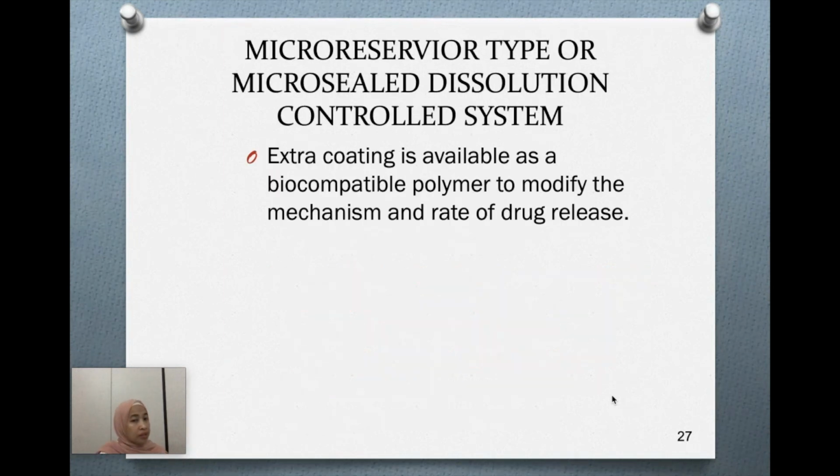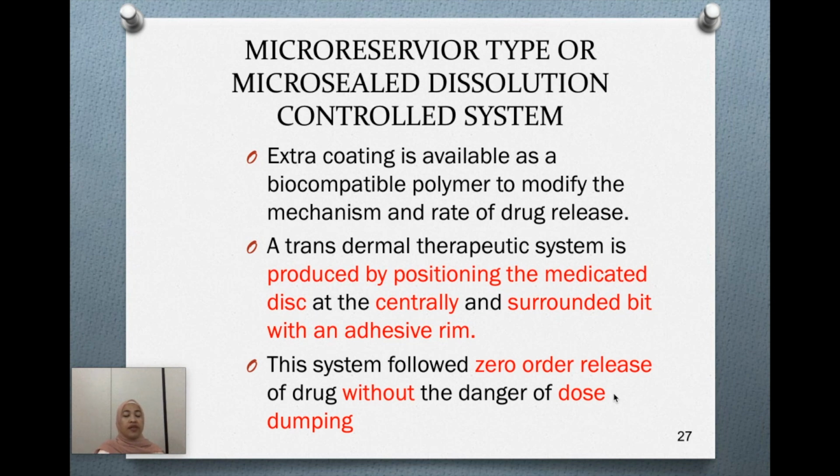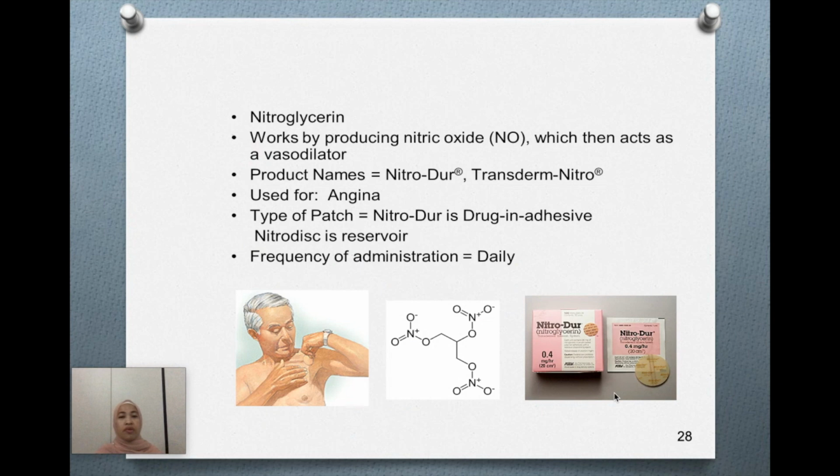So extra coating can be used. As you see, it's in the middle, produced by positioning the medicated disc centrally and surrounded by the adhesive ring. Now, the good thing about this, it doesn't have a membrane control release system, so you don't get dose dumping. So it follows a zero order release. So you just release the drug bit by bit. So even if it breaks, still you don't have a membrane which controls the release. So example here is nitroglycerin.